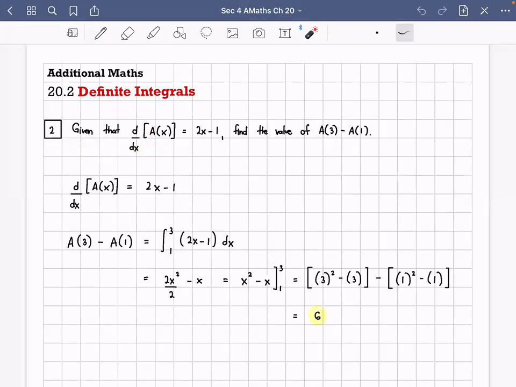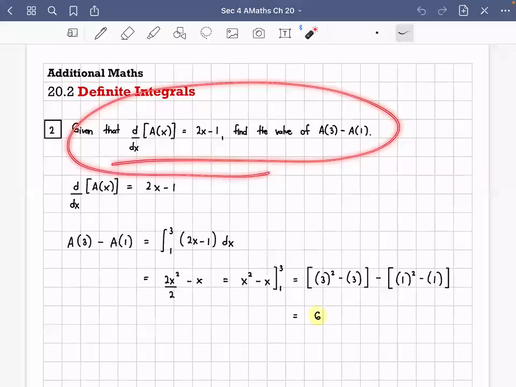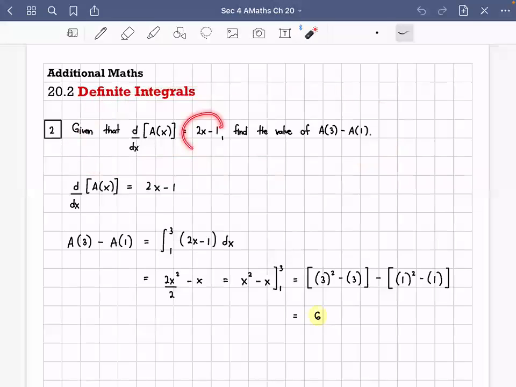If you observe the question here, class, the derivative of a function is 2x minus 1, and then we need to find the value of a of 3 minus a of 1. So this is basically the upper, and this is the lower limit, right?